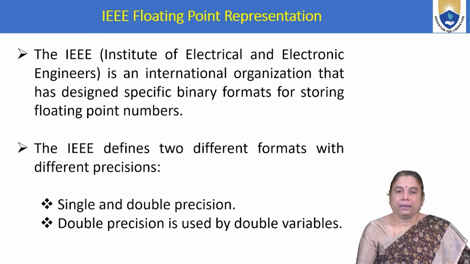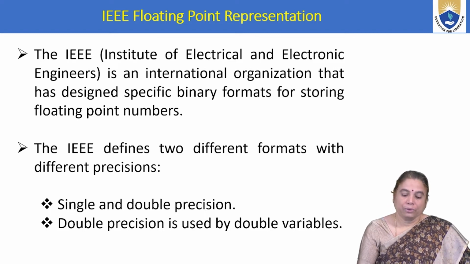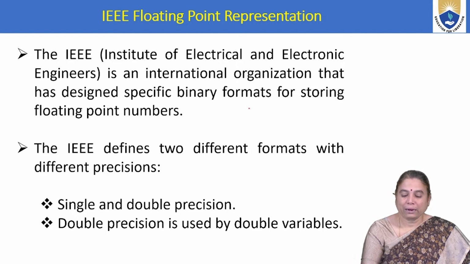So IEEE establishes a standardization in representing floating point numbers. The IEEE, Institute of Electrical and Electronics Engineers, is an international organization used to design specific binary formats for storing floating point numbers.